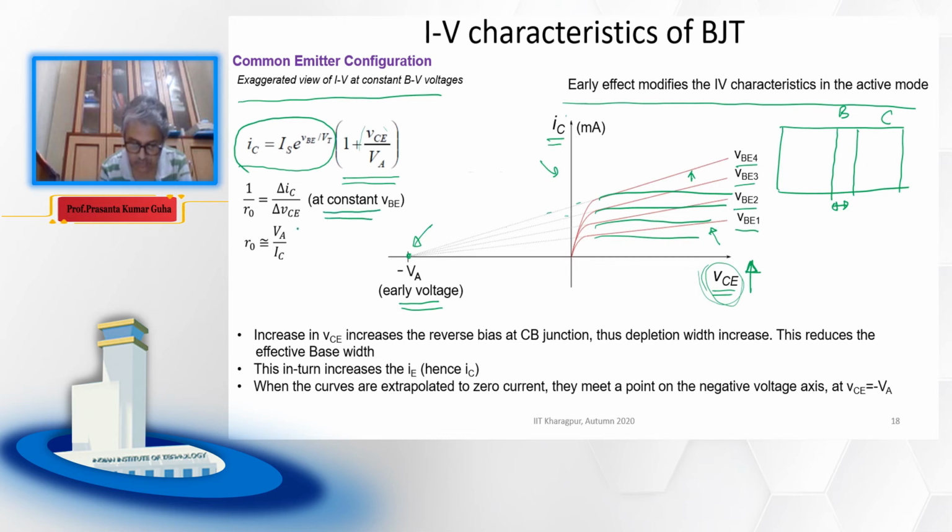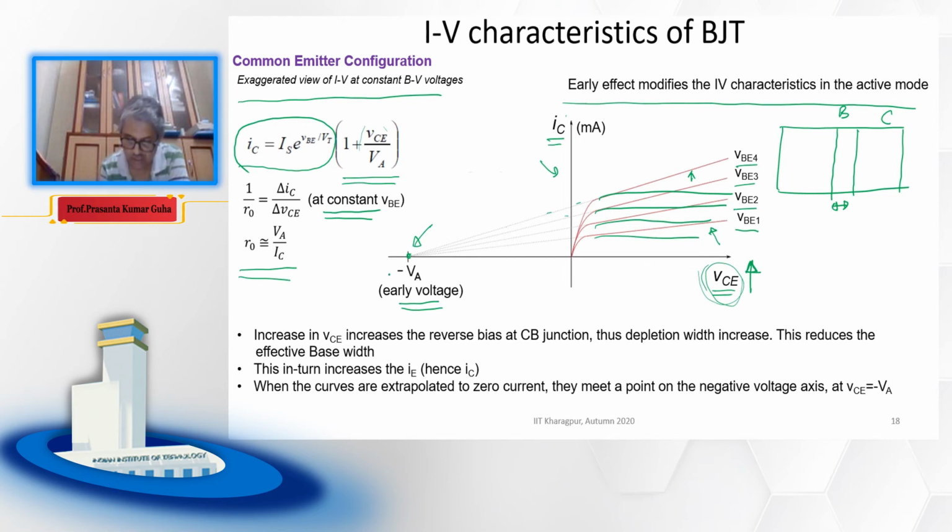If you differentiate IC with respect to VCE at a particular VBE, you will get r0 nearly equal to VA over IC. That is basically your output resistance.